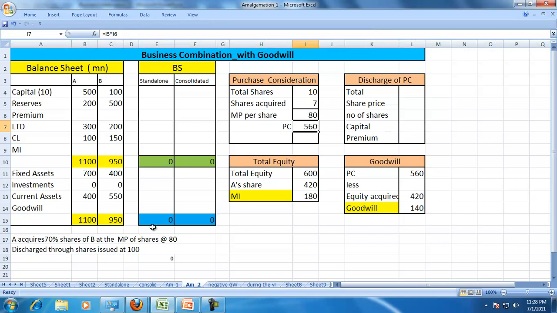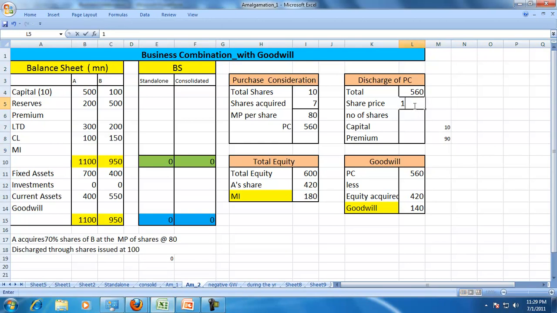And this purchase consideration, as mentioned here, is being discharged by issue of shares at 100. The face value of the share is 10, but they are issued at 100, so the face value is 10 and the premium is 90.